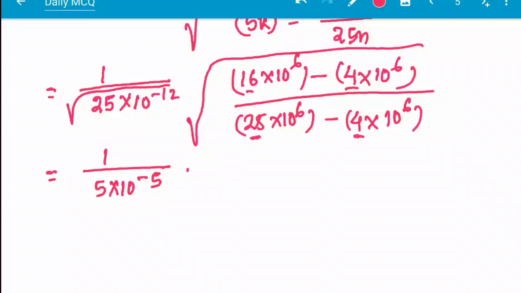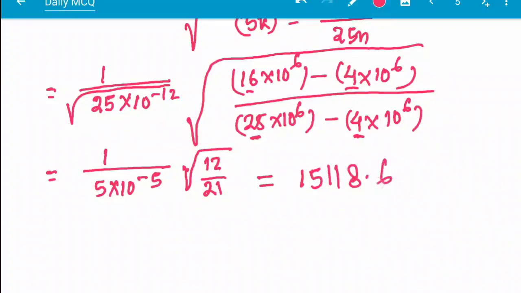So this will be root over of 12 by 21, and this finally comes to 15118.6.